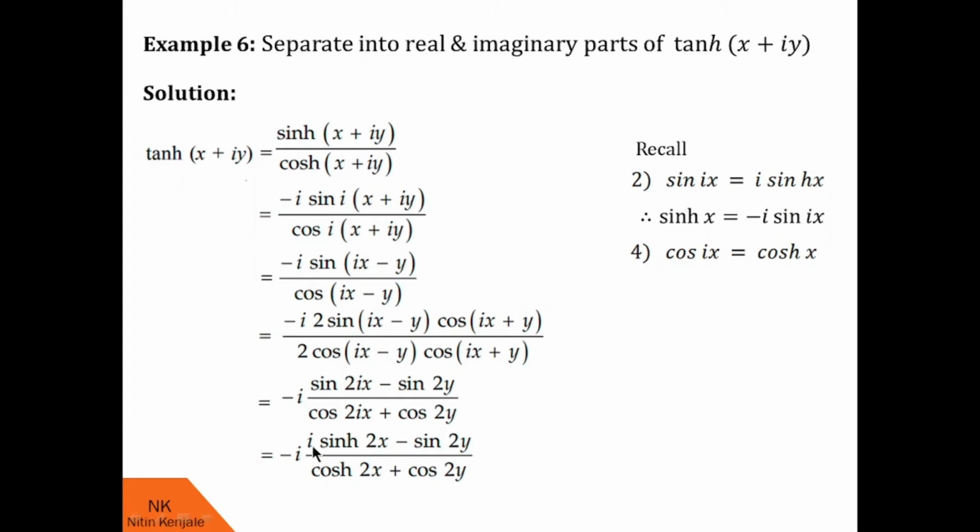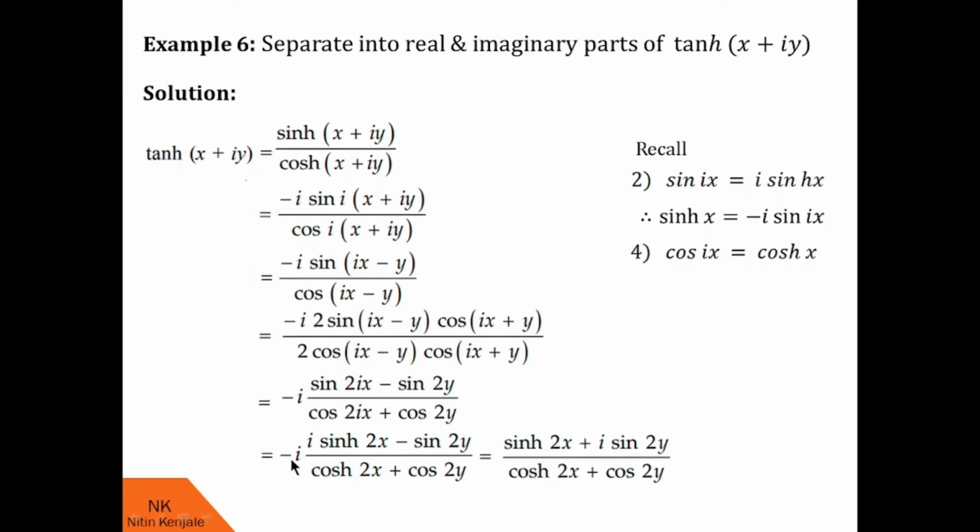So we get i into sin h of 2x, this sin 2y as it is. This circular cosine function can be converted into hyperbolic cosine function using this identity. So this cos of i 2x can be written as cos h 2x, this cos 2y kept as it is.